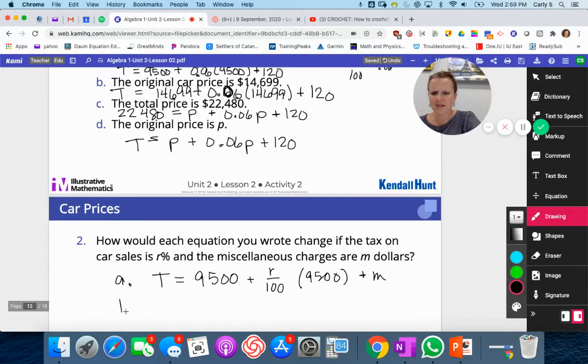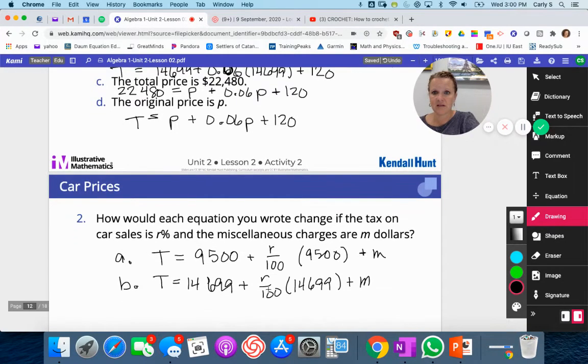The next one, again, T equals 14,699 plus R over 100 times 14,699 plus M. Nothing too big. The next one, I have 22,480 equals the original purchase price plus the tax rate times the purchase price plus M. We're taking out more and more information.